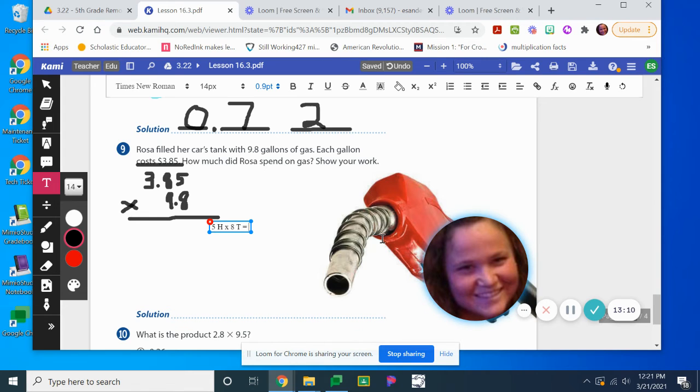So whatever my answer is, which is 5 times 8, which is 40, my answer is going to be in thousandths. So I have 40 thousandths. Okay, that's my first one. Next, I have 8 tenths times 8 tenths, because this is in tenths, times 8 tenths.